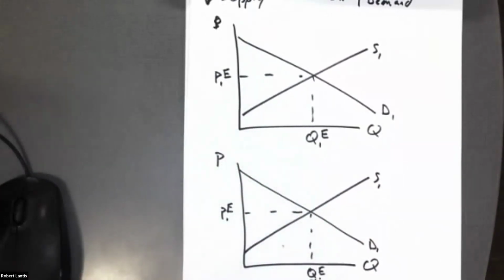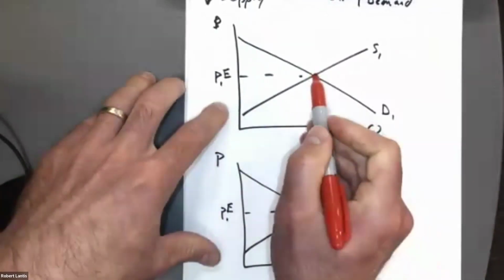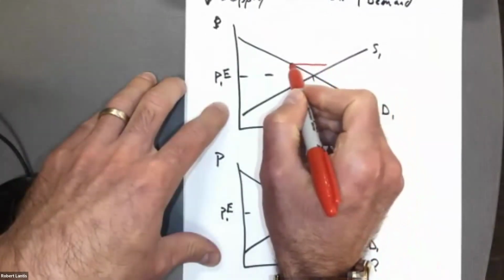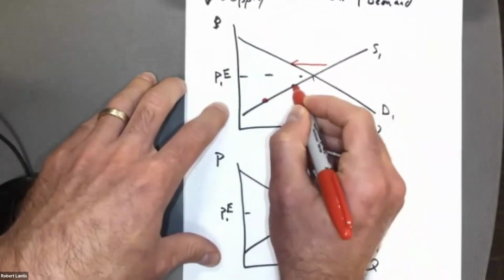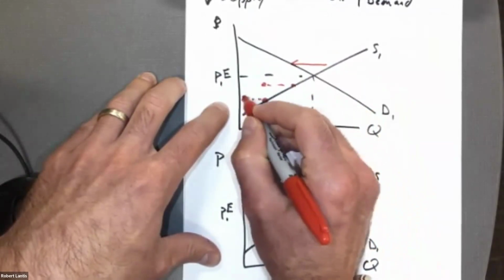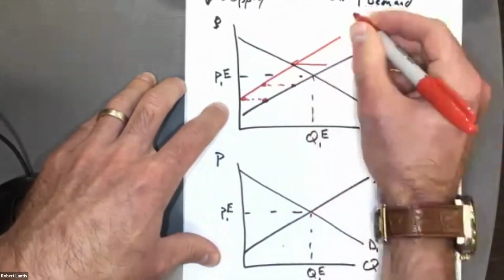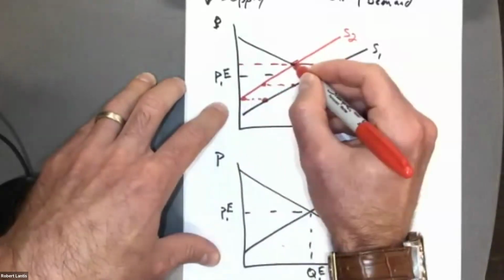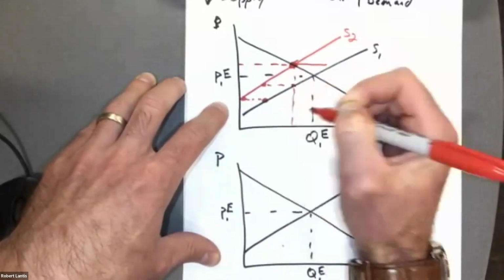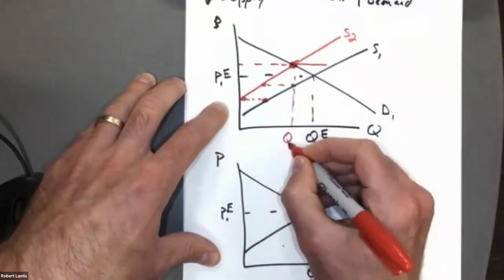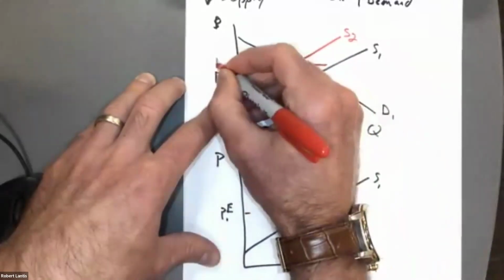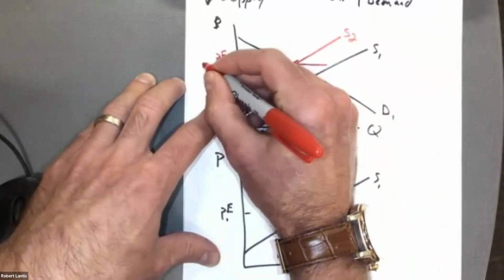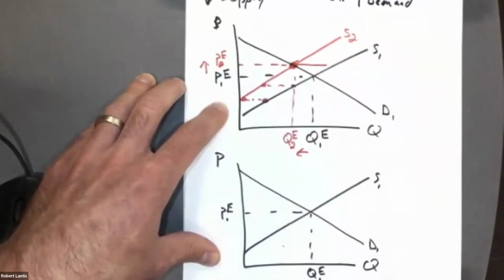If I have a supply decrease, what is that going to look like? We said that would be a leftward shift, or that at every price, the quantity supplied is now lower. So what did that do to my equilibrium price and quantity? Well, my new supply curve hits my demand curve at a higher price and lower quantity.